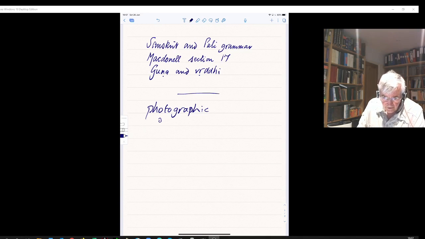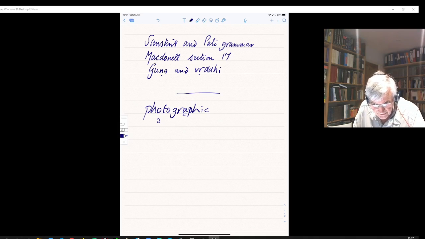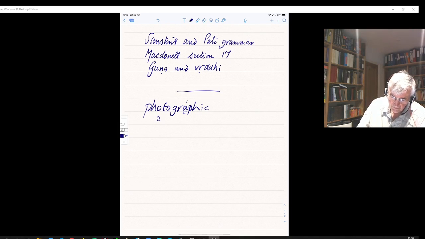In photographer, this A here was a short neutral vowel. In photograph, in the southeastern or received pronunciation of English, it was a long R sound. But now here it becomes photographic.